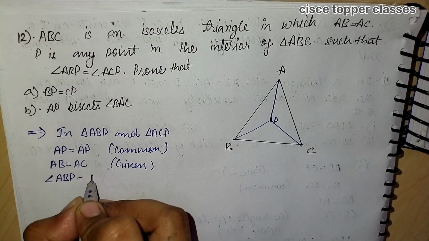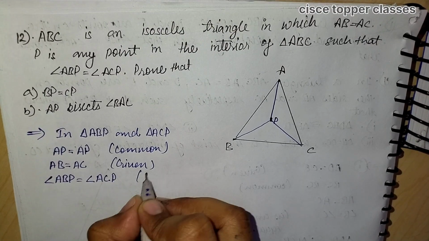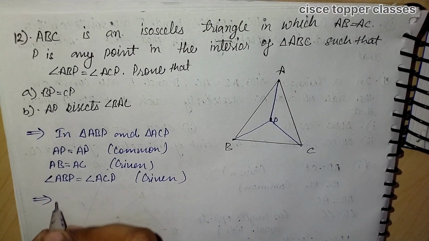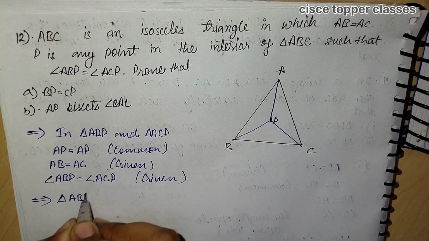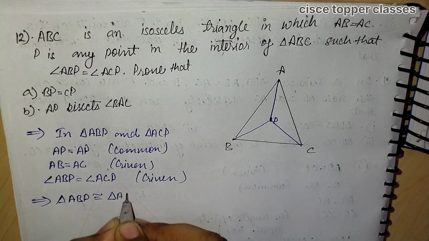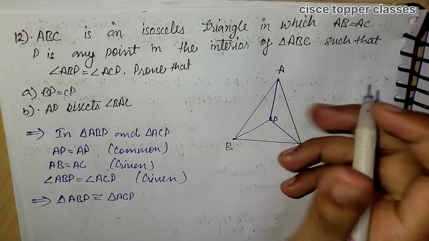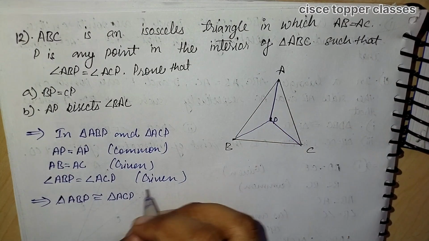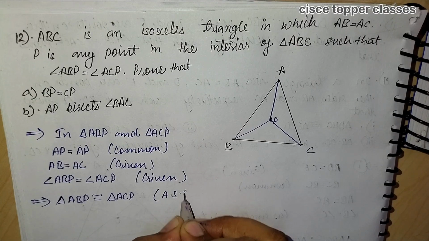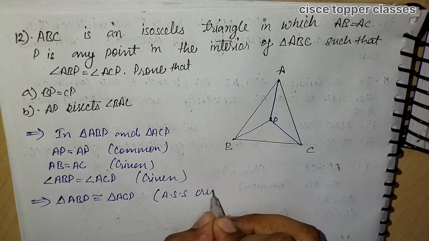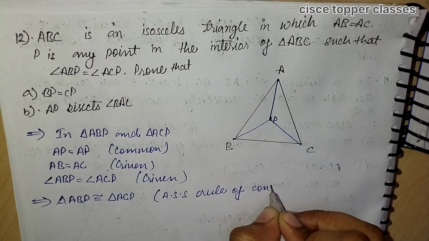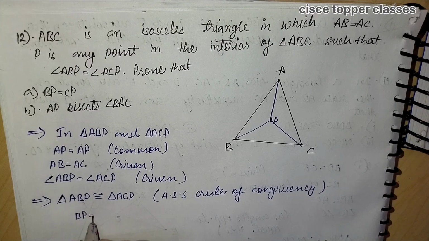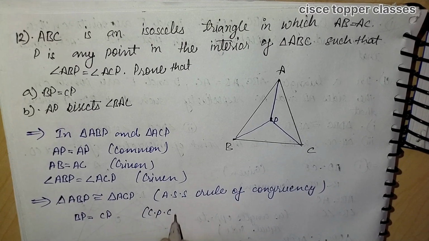As this is given, we can see that triangle ABP is congruent to triangle ACP by the angle side rule of congruency. So by this we can prove that BP is equal to CP by CPCT.